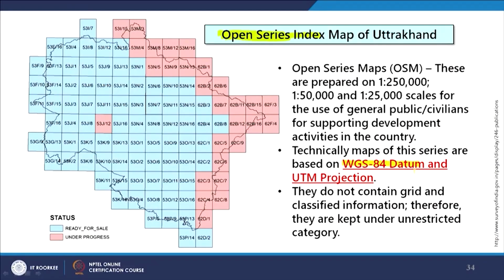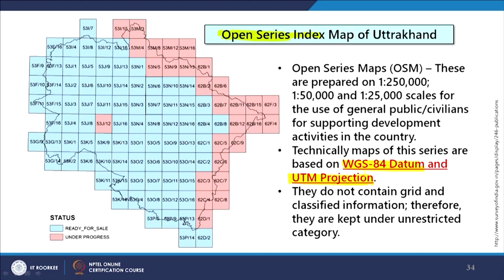Earlier when we used to collect the field data using GPS and plot on topo sheets, we used to get a lot of location errors. But now if I do it on these open series maps, that problem will not be there, because they are following the same datum as these GNSS systems are following, and another one, the UTM projection.